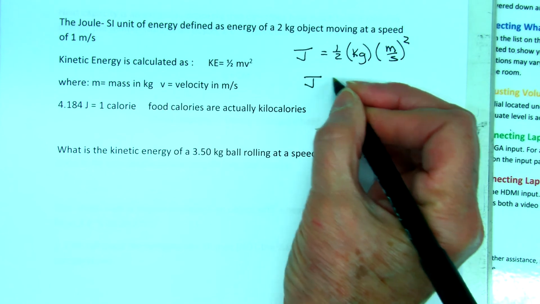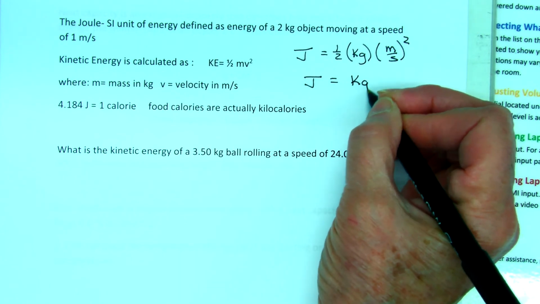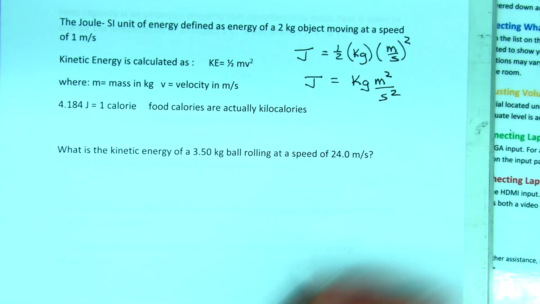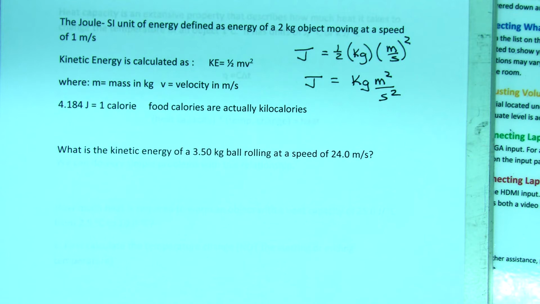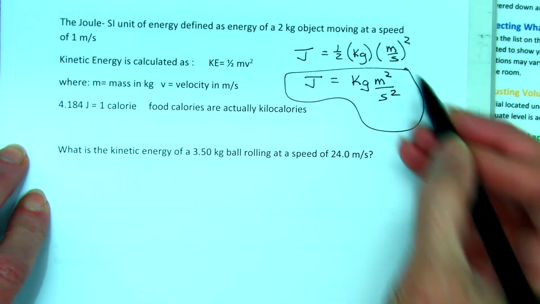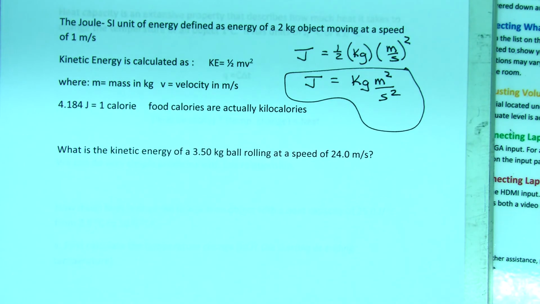So the unit, the joule, is equal to kilogram meter squared per second squared. So that's where the unit comes from. And knowing the derivation of this will make it helpful when you're trying to get the units to balance sometimes or get the units to cancel.